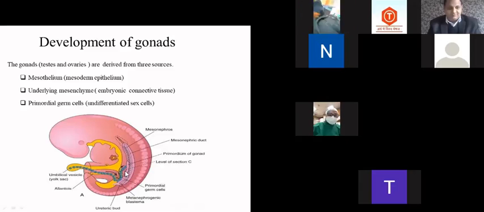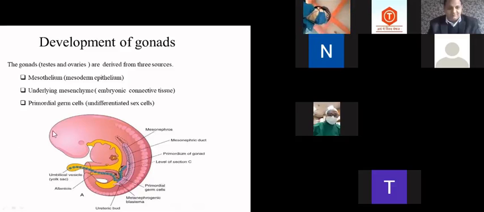And here the gonadal ridge is going to form, from where the development of gonads is going to take place, and the proliferation of this mesodermal epithelium and mesenchyme is later pierced by the primordial germ cells. Primordial germ cells, through the umbilical vessel and through the hindgut and dorsal mesentery, are going to traverse and reach the gonadal ridge, where they will take part in the development of gonads.